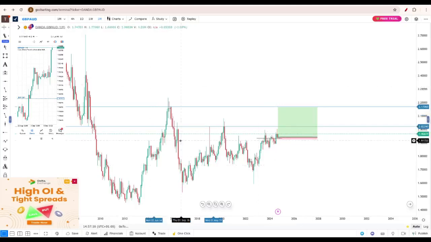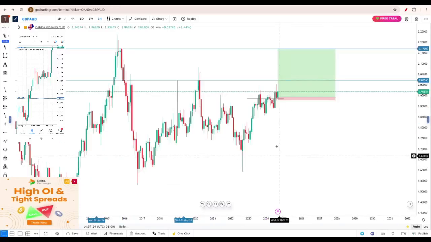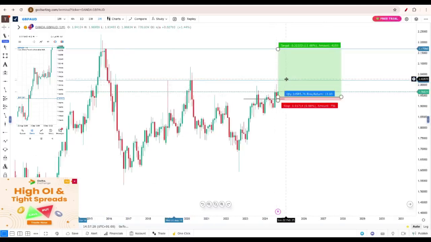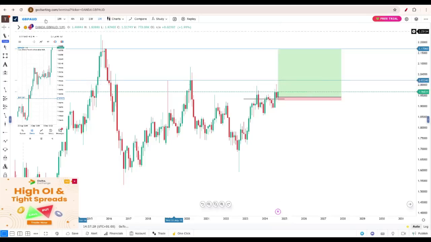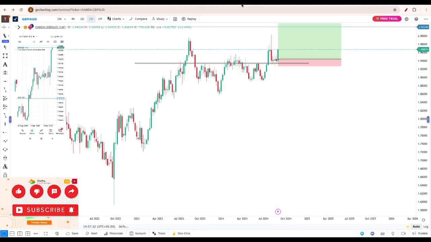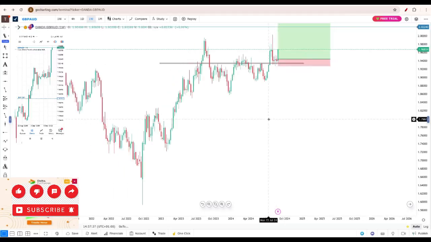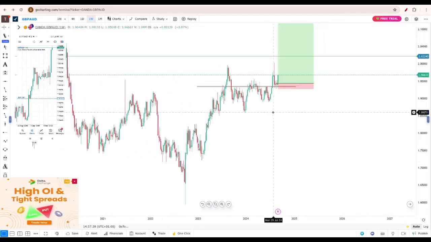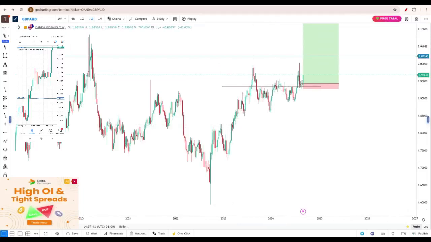Looking back in time here, just to have an idea, it depends. If I should see a monthly red candle here, a massive red candle, I might just exit this trade earlier. But I'll be coming on here to give you the updates.